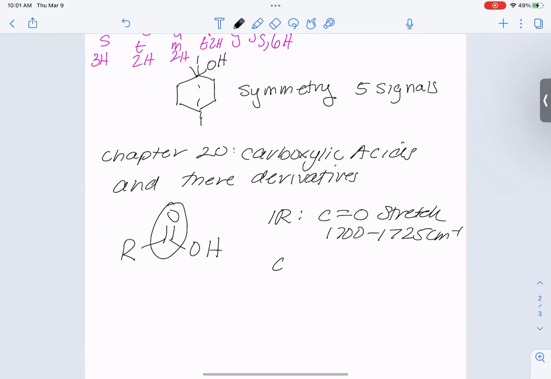And then you also have an OH stretch that's very broad, because you can have intramolecular hydrogen bonding.